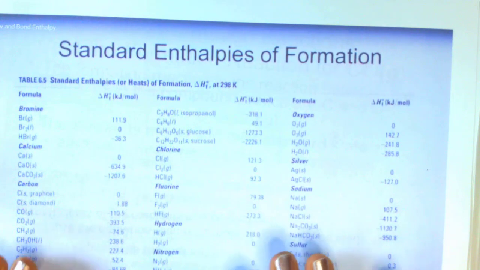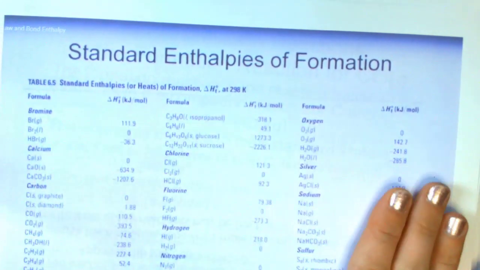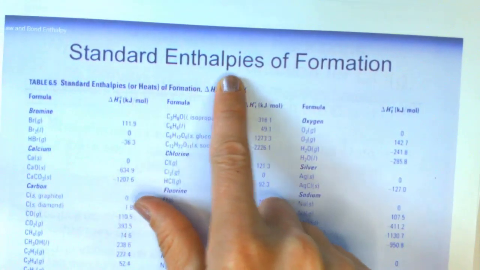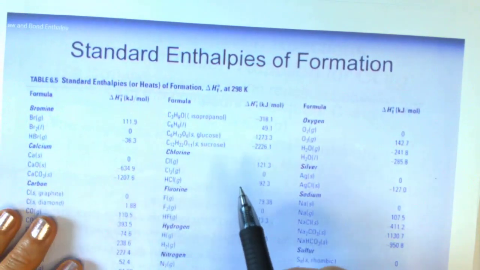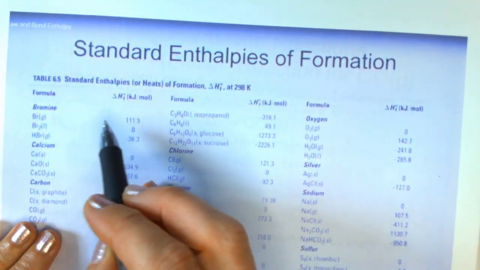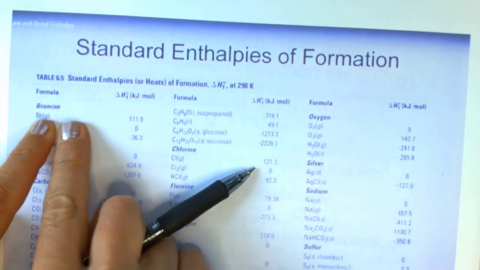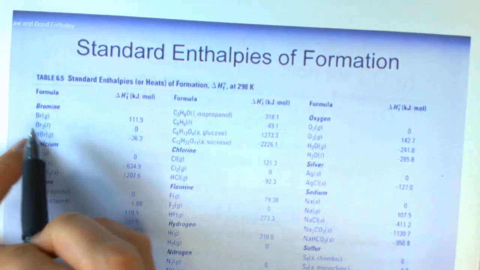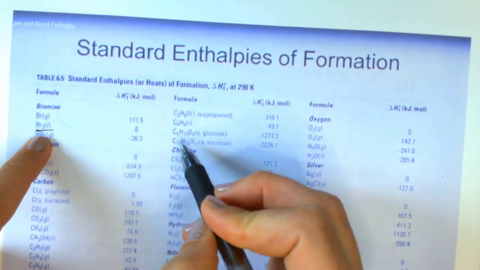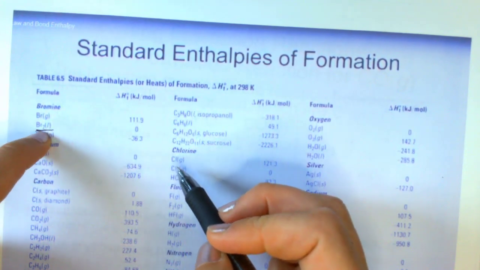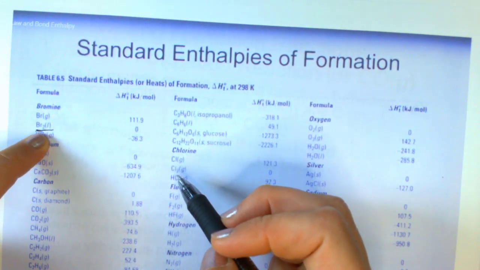Here we have a table of standard enthalpies of formation, and it's going to be a huge reference. Let's look at bromine, for example. Bromine in its natural state is a diatomic molecule in liquid form, Br2. That's part of Brinclhof, part of that lucky 7 found naturally in diatomic form.